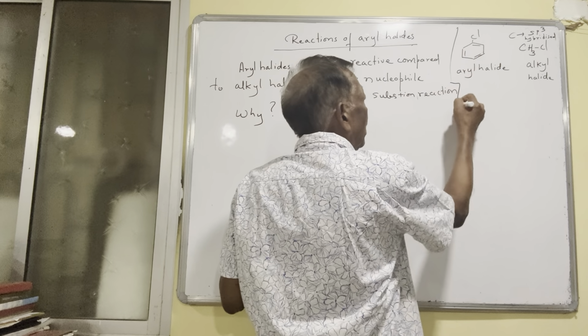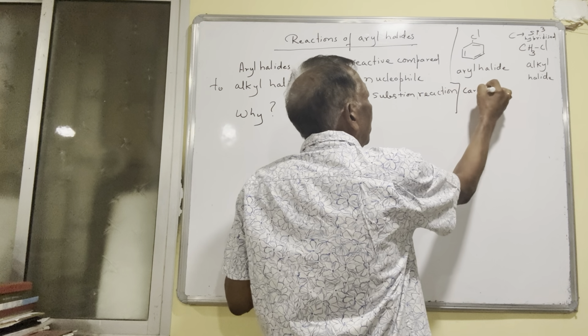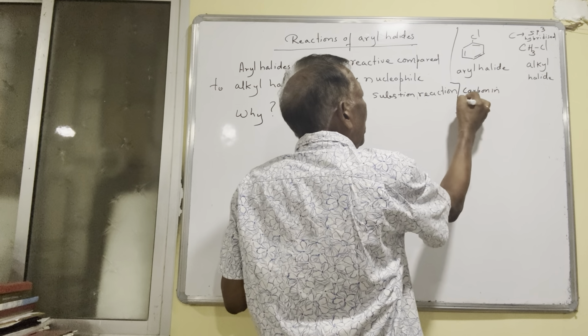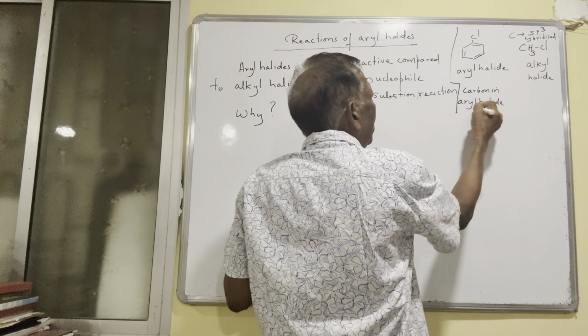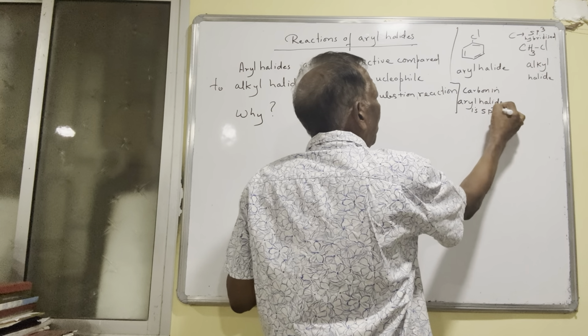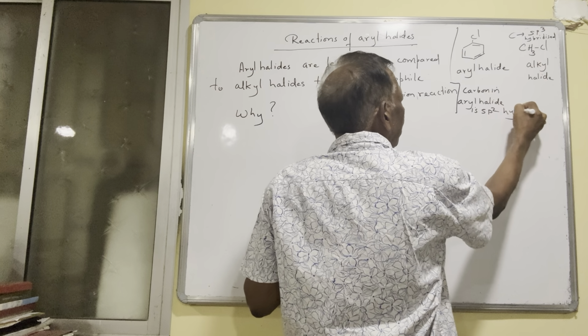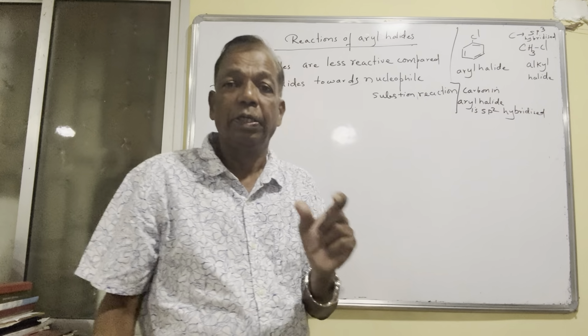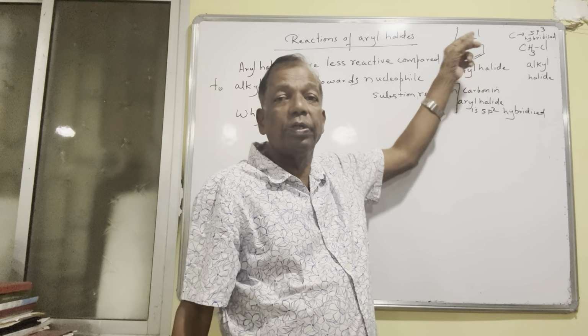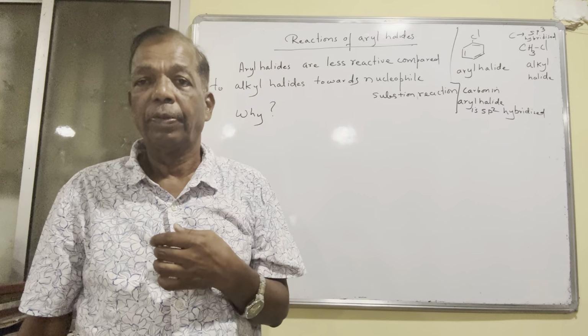So carbon in aryl halide is sp2 hybridized. And because this is sp2 hybridized, this carbon-chlorine bond is found to be strong.